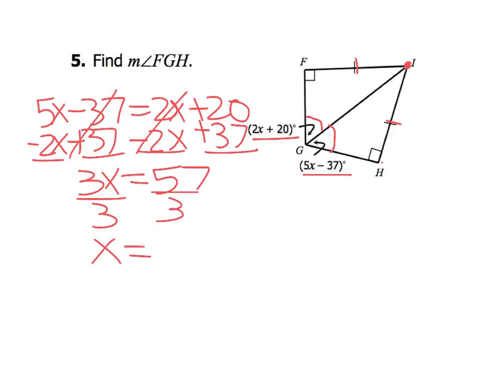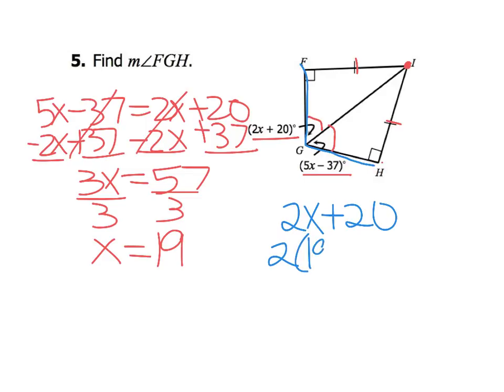So x equals 19. Now the problem's not asking us to solve for x, it's asking us to find the measure of FGH. So FGH is this whole angle right here. So what we need to do is plug it back into either one and then multiply it by 2. Alright, so if we plug 19 into 2x plus 20, so 2 times 19 plus 20, 38 plus 20.